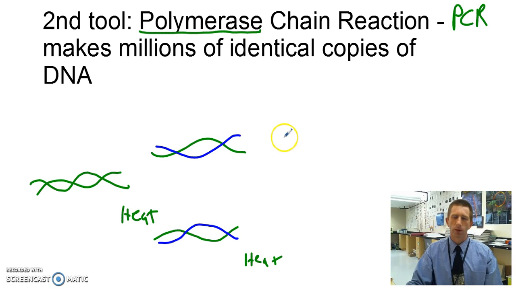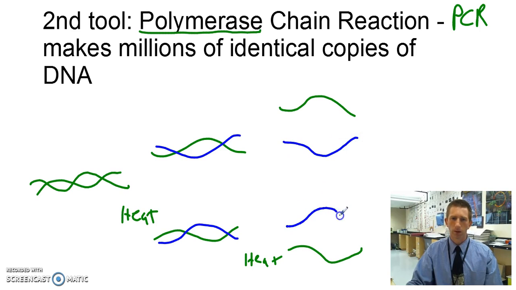We can heat, and so then of course that's going to separate that strand and that strand, and it's also going to separate that strand and that strand. And then this special Taq polymerase, which isn't denatured by this heat, is going to come along and use our base pairing rules and add new nucleotides.